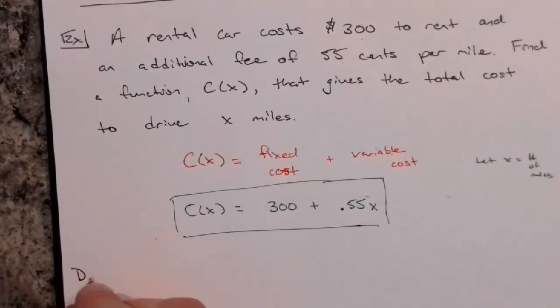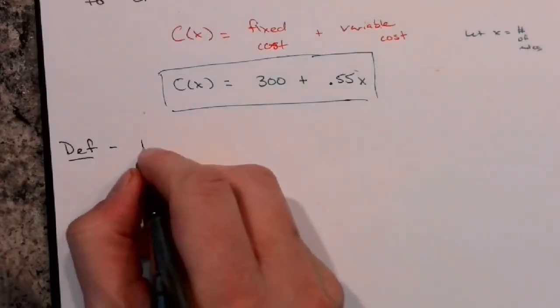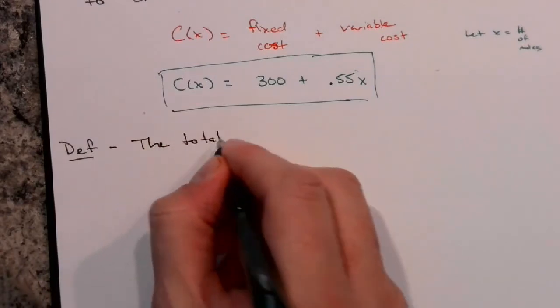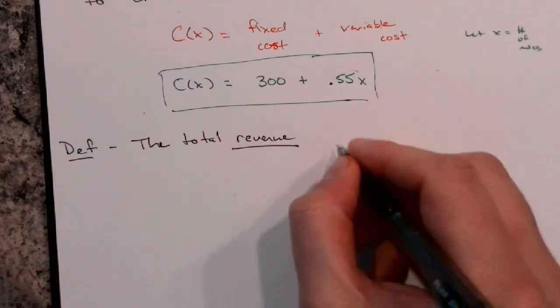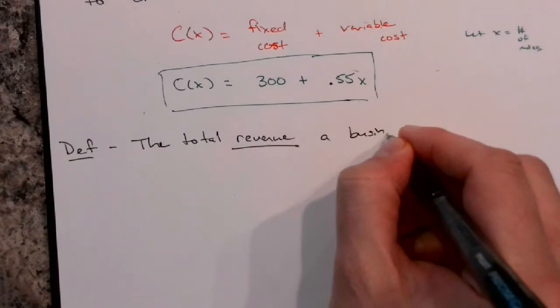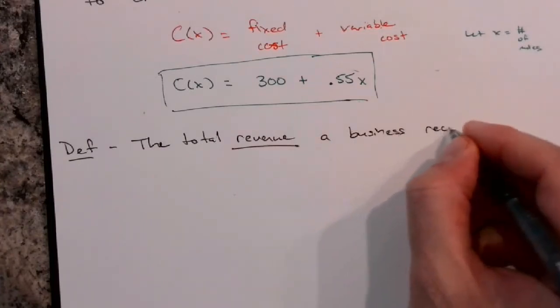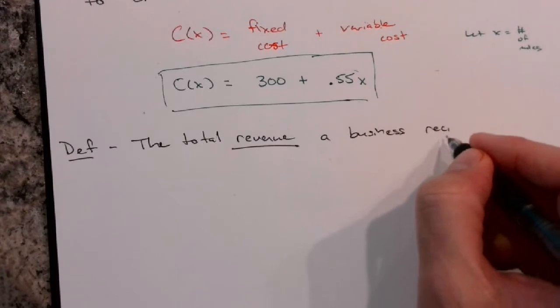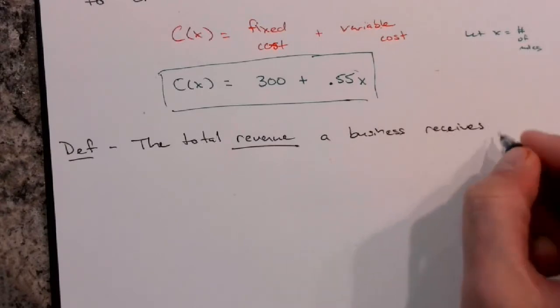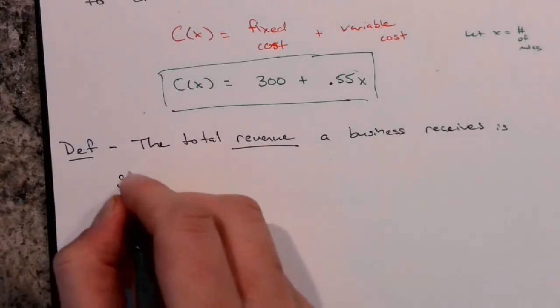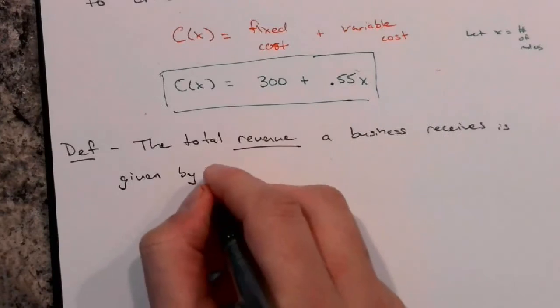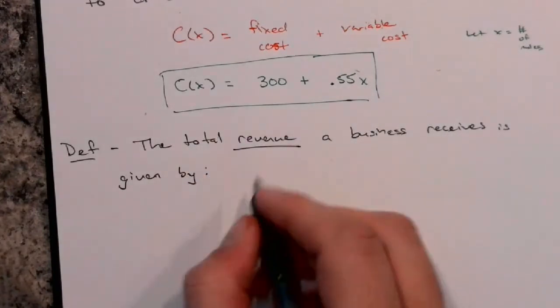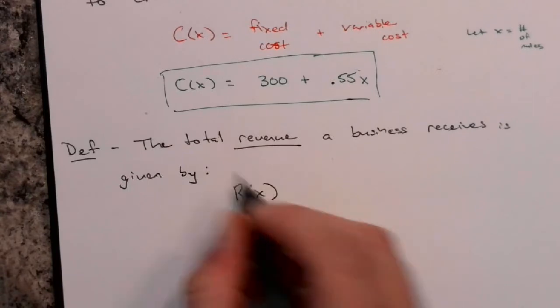We'll do a definition here for revenue. The total revenue a business receives is given by, and for revenue I'm going to use R of x, like I used C for cost earlier.